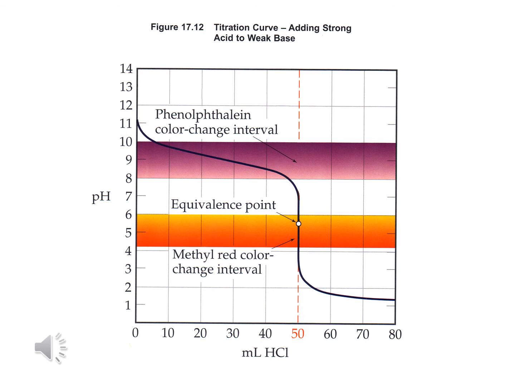The only one that's going to work in this case is methyl red because it's on the vertical part of the curve again. That's the reason why people want to calculate titration curves, and that's why you do them in analytical chemistry, because it helps you plan how to get the correct results from a titration.